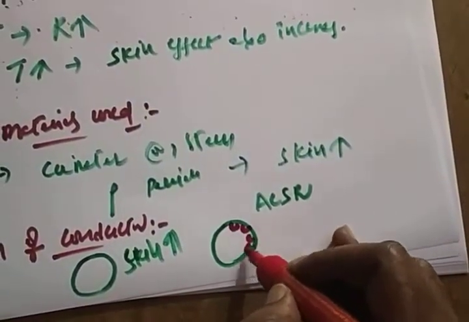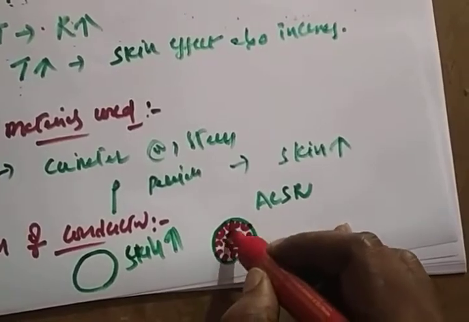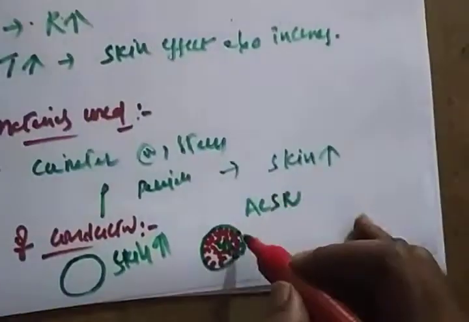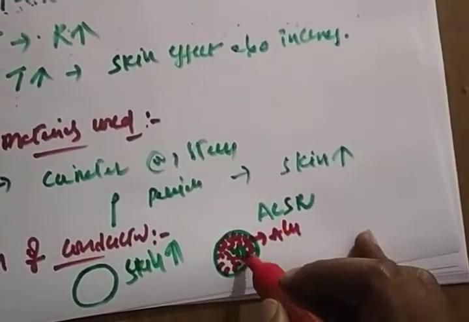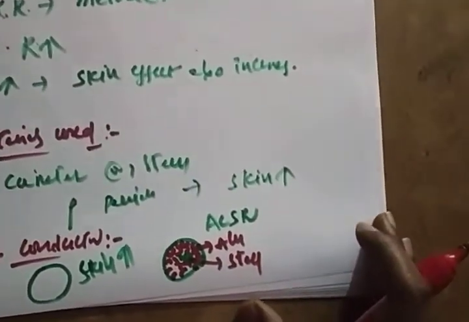These are different layers, aluminum and steel. Now we are using these types of ACSR conductors nowadays.